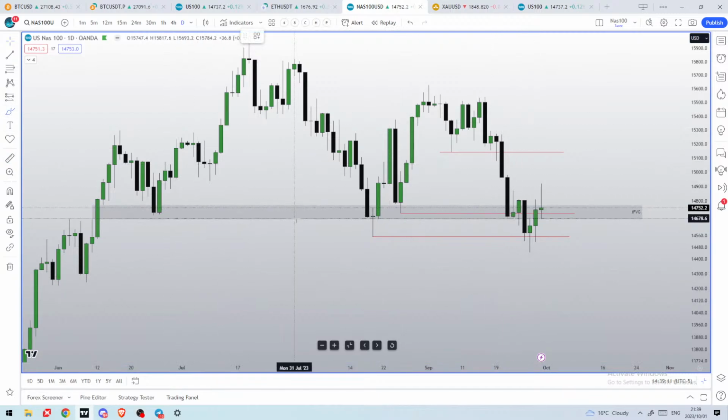Technically, support should become resistance. You can see we closed below it. We retested as resistance, and now technically we should be heading much lower until we can close above it, retest it, and then head for something higher, right? For now, order flow is bearish, and I'm looking for price to head lower.